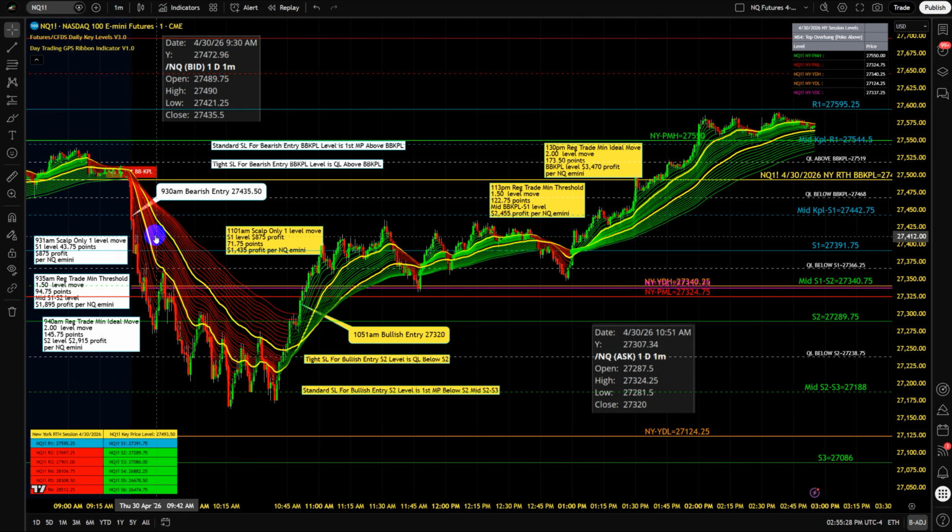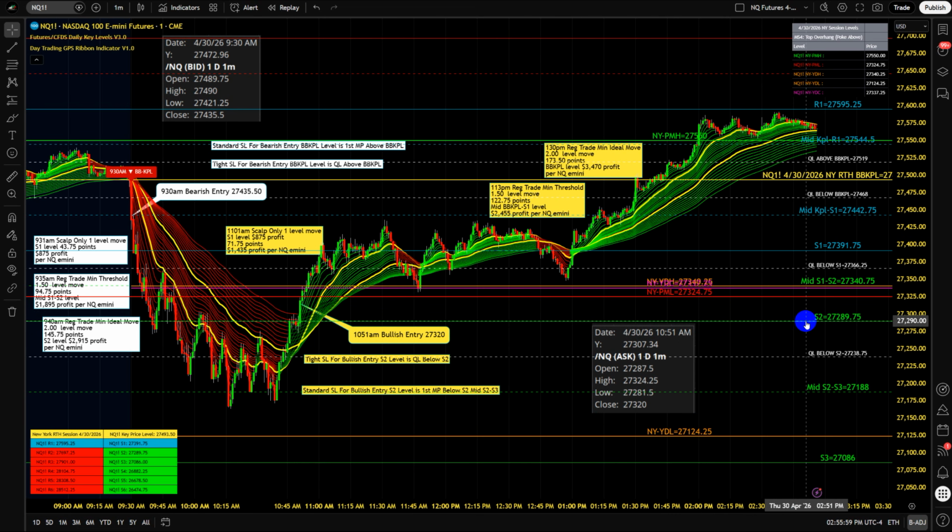So on a move down, closing back above the top thick moving average is an initial sign that a reversal may be imminent. As we can see here now, the ribbon turns all green at the 10:51 a.m. candle. It happens to coincide with the S2 key level. So now we have a bullish trade off of the S2 level.